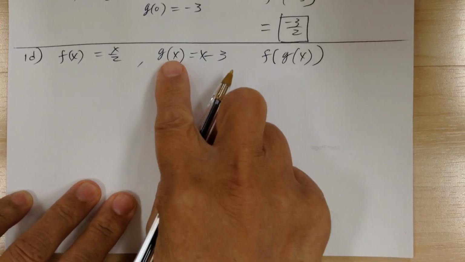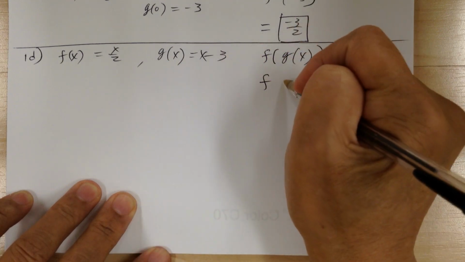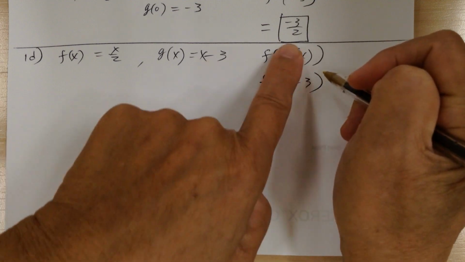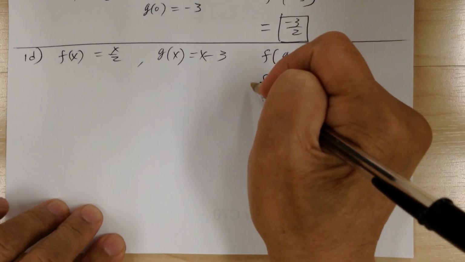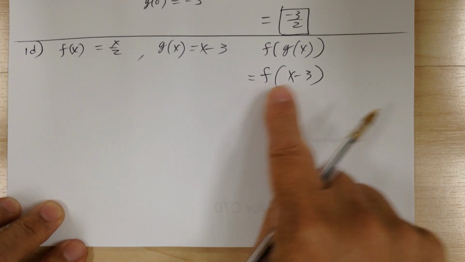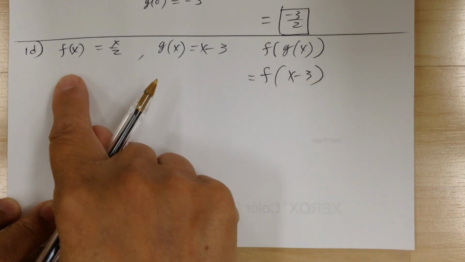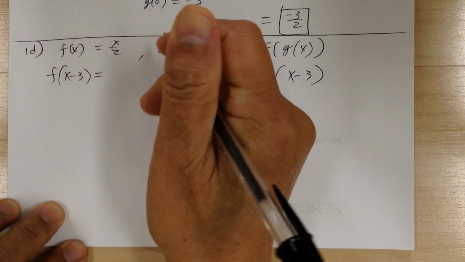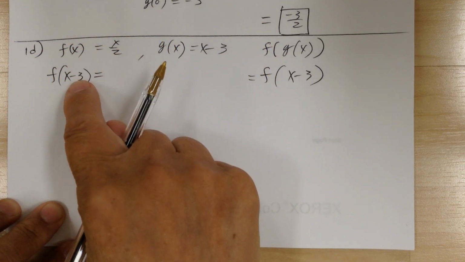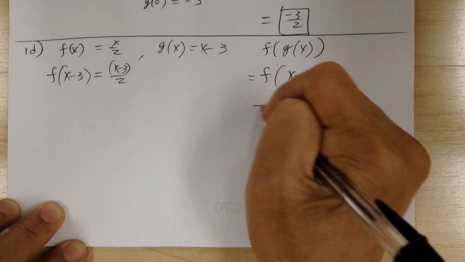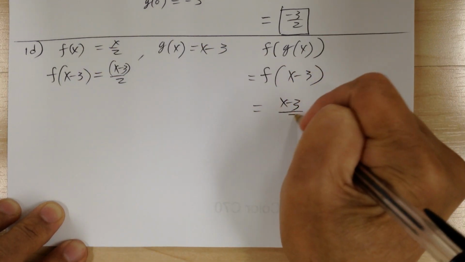Since g of x is x minus 3, to find f of x minus 3, you come over here. Whenever you see x, you change it into x minus 3. So this will equal x minus 3 over 2.